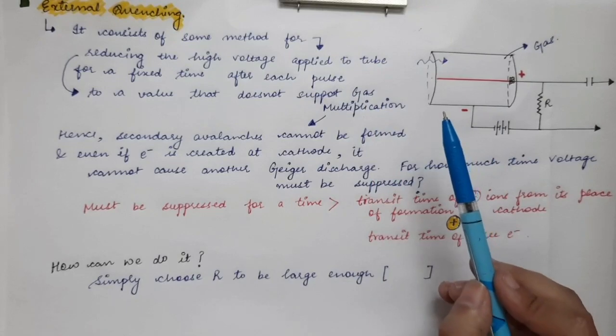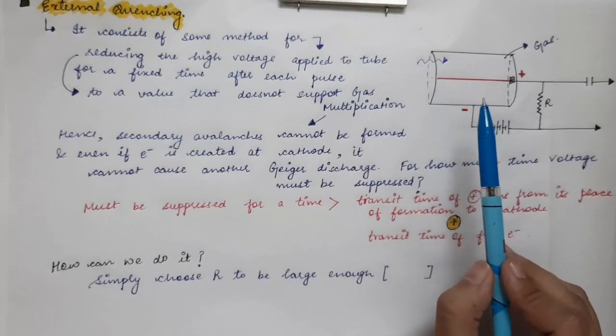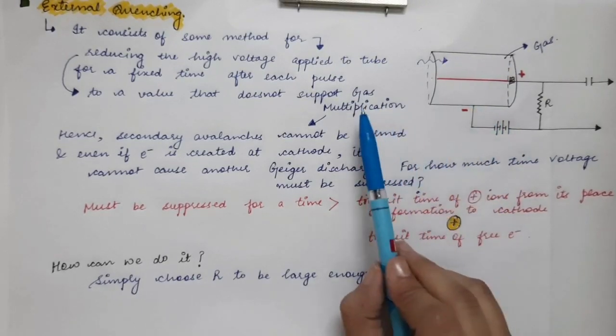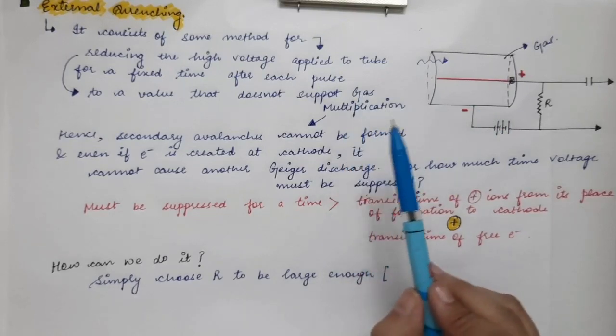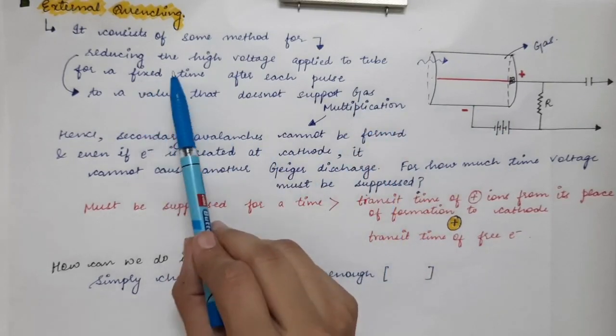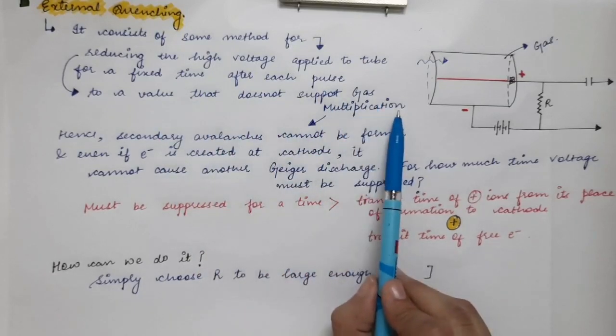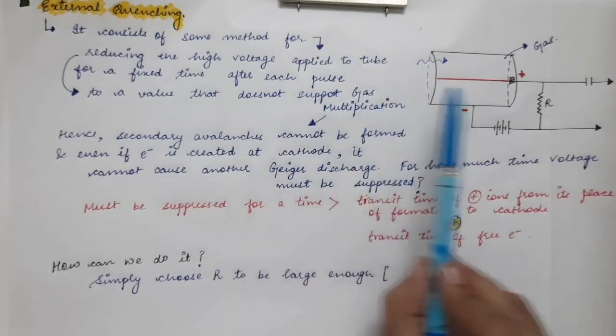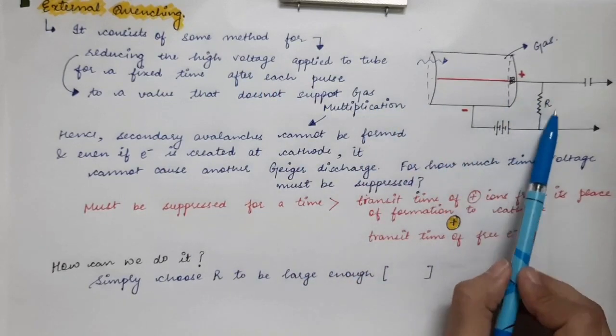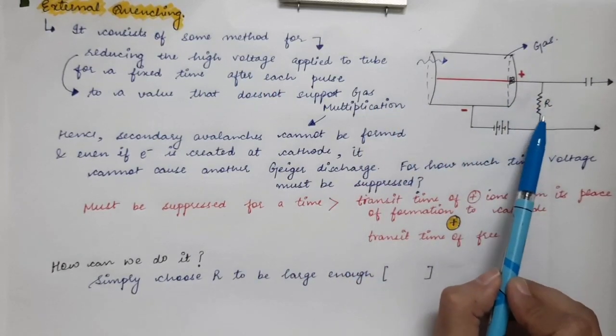So if the voltage across this counter is less than that limit, no gas multiplication will occur, there will be no avalanche. So we reduce the high voltage to a value that does not support gas multiplication after each pulse, and the method is by increasing the resistor R.